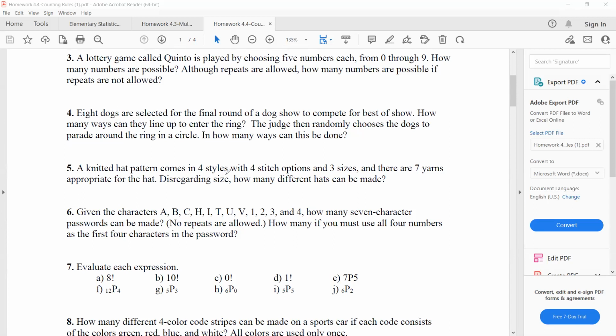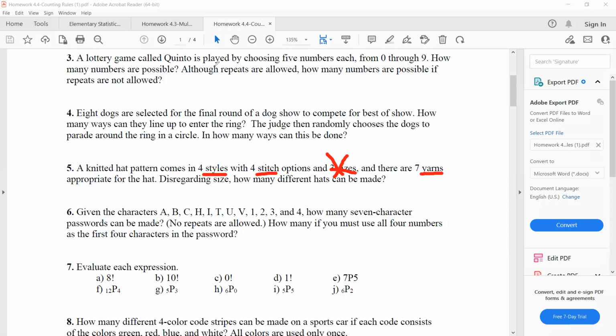There's 4 styles, 4 stitch options, 3 sizes, and 7 yarns. Disregarding size, that means we're not going to worry about this category. So we're not going to include that. Disregarding size, how many different hats can be made?